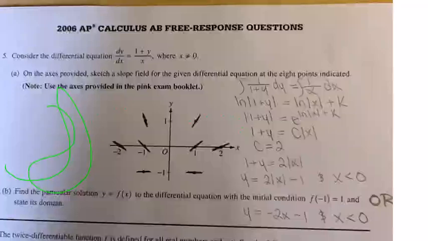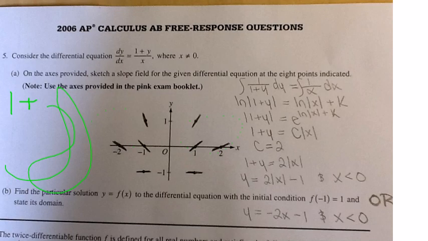So you have 1 plus y, which equals 1 plus 1, which equals c times the absolute value of x, which is -1.